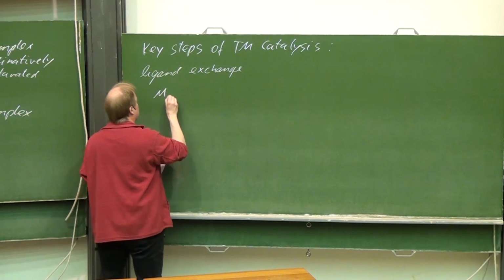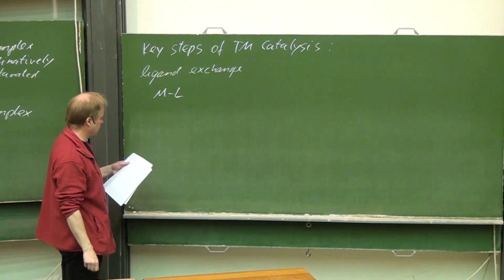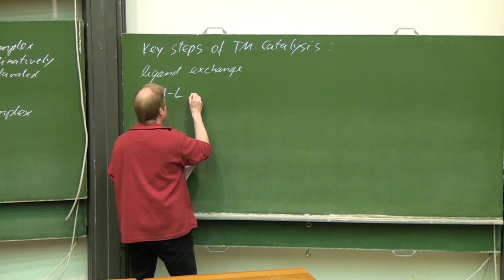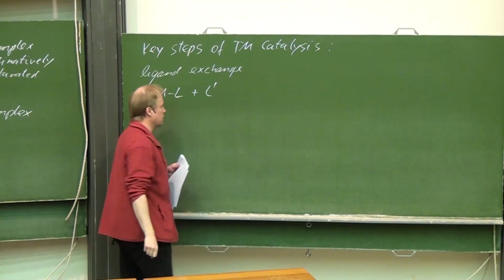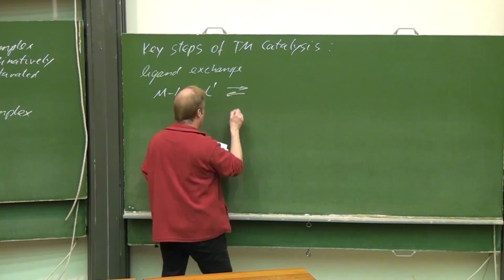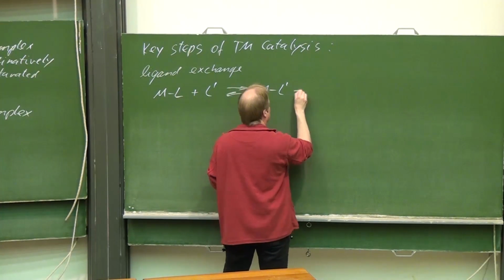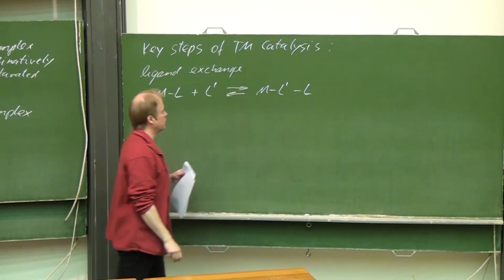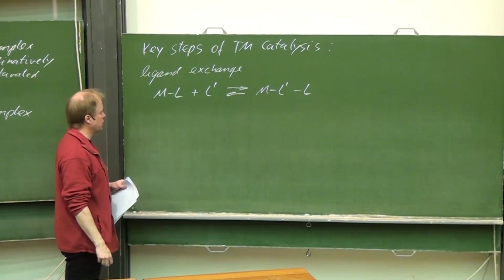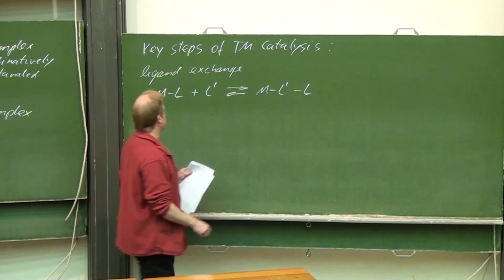So, one transition metal plus a ligand, and a ligand prime, another ligand, is offered, and overall in some kind of equilibrium, we will get to the situation with the exchanged ligands.